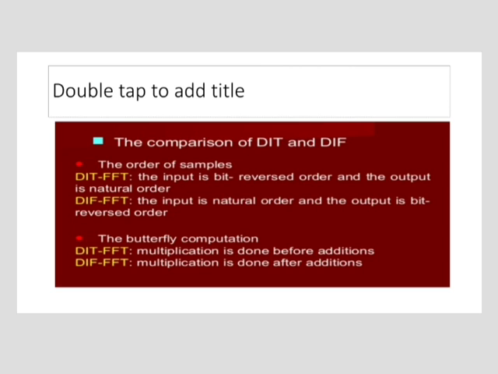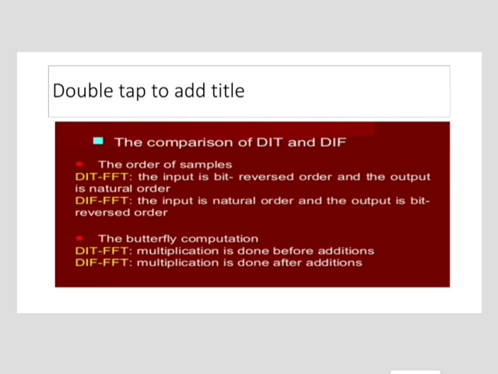Now there is a similarity also between DIF and DIT. Both algorithms require the same number of operations to compute the DFT. Both algorithms can be done in place, and both need to perform bit reversal at some place during the computation.